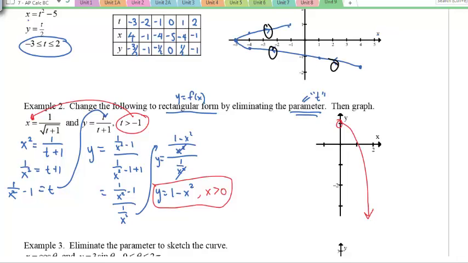And in order for us to look at the direction, you have to think what happens when t is greater than -1, and think about making that chart again and saying, when t equals -1, what happens, then 0, what happens, then 1, what happens, and so on. Okay?